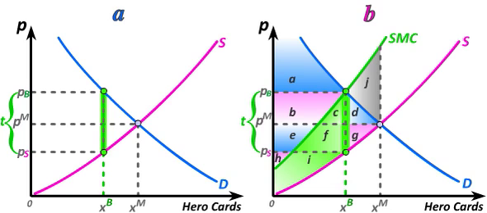Tax revenue is tax times the quantity XB, which is equal to area B plus C plus E plus F. And the social cost that is imposed by the production of the quantity XB is the difference between the social marginal cost curve and the supply curve up to XB, or area C plus F plus I.